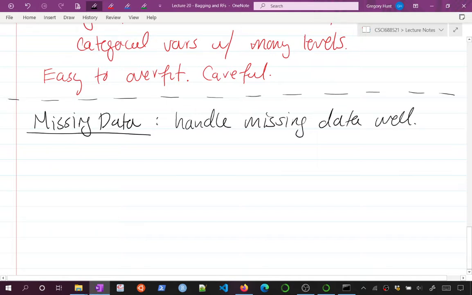It's a whole huge topic in and of itself. Many of these other methods, we assume we have complete data. I can't have a matrix with missing values in it. And so, when I fit a regression, how do I handle missing values? This is this whole big conversation. For trees, we can actually very nicely handle this.